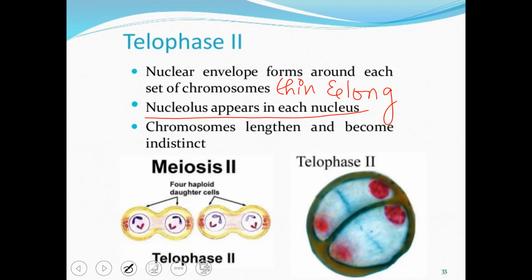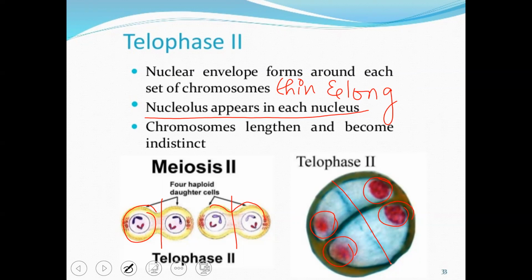After karyokinesis, the 2 daughter cells undergo simultaneous cytokinesis, by cleavage in the case of animal cells or by phragmoplast formation in the case of plant cells, to form the 4 daughter cells. You can see here 4 daughter cells, either by cleavage formation or by cell plate formation.